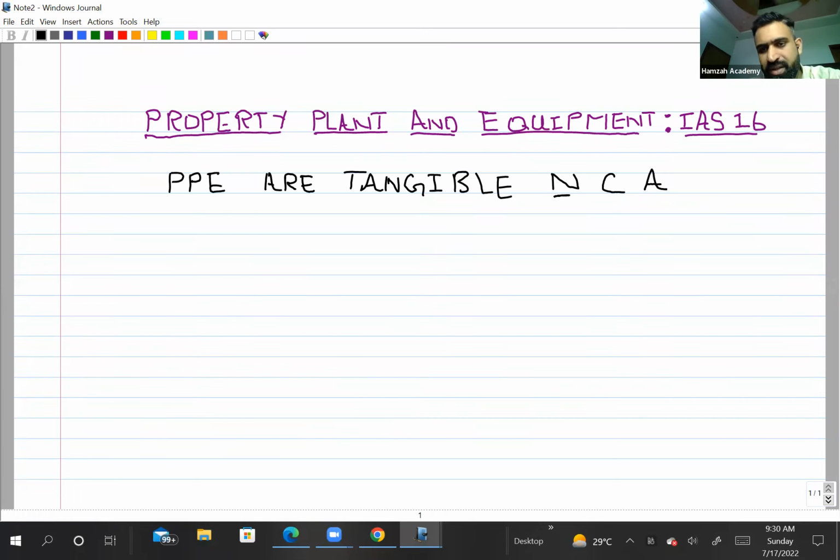Now, when we say non-current asset, it means the useful life is usually more than 1 year, or 12 months.